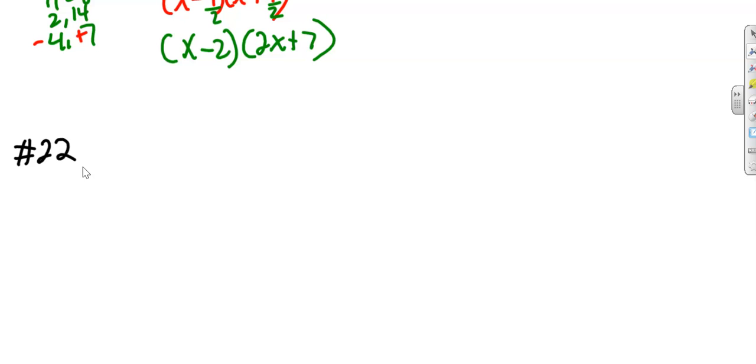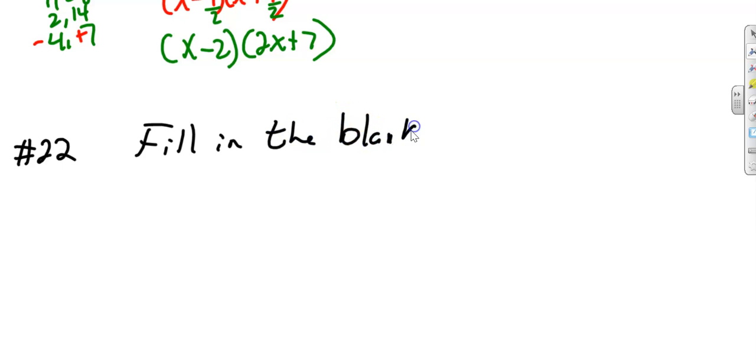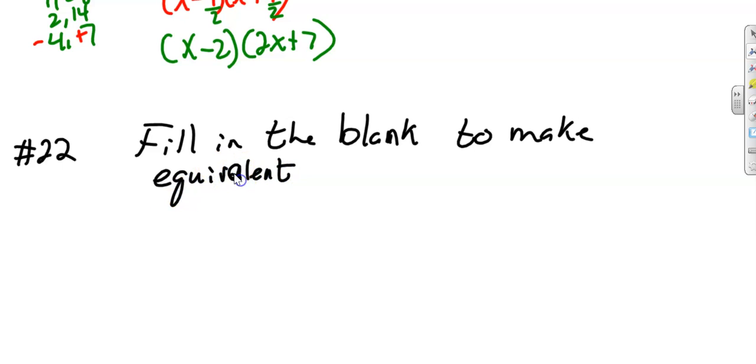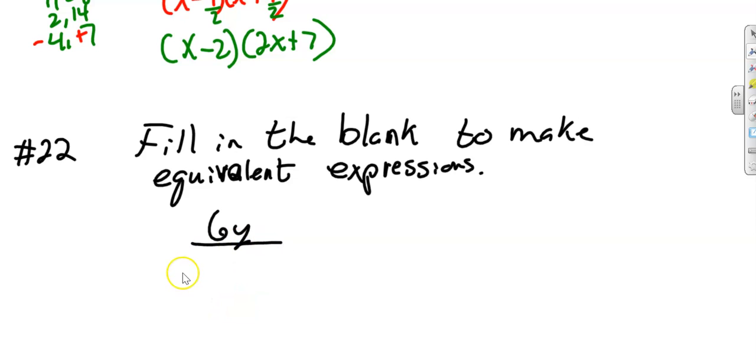Number 22 says fill in the blank to make equivalent expressions, which is pretty much just saying rewrite this with common denominators. It's kind of what they're saying.